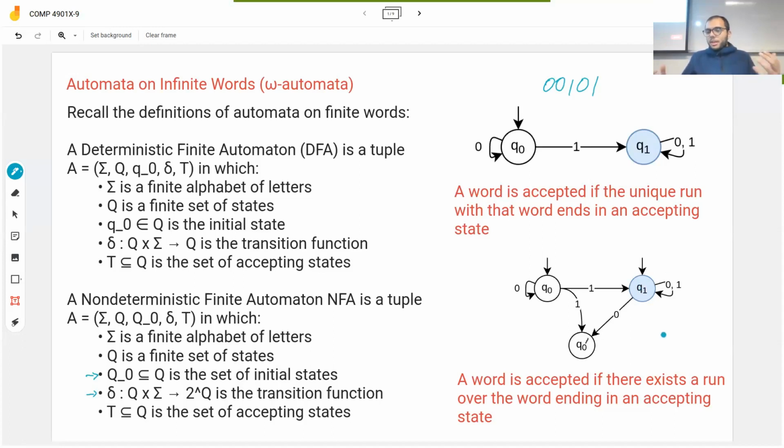But now, for one particular input, I can have many different runs. So I say this input is accepted if there is at least one of these runs that ends at an accepting state. Okay? Another intuition for this would be that our automaton is somehow extremely smart and knows which run to take, and always takes the run that accepts, if it can.